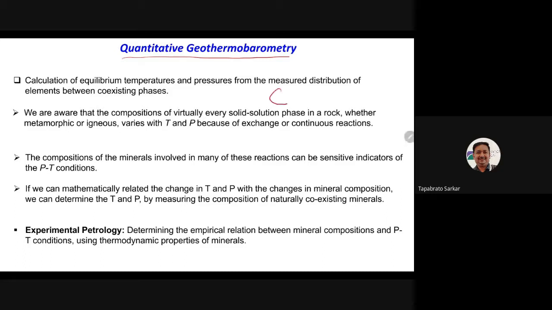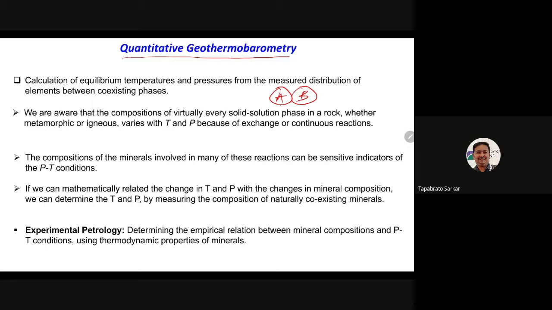Let's say mineral A and mineral B coexist, and we can see from the texture of the rock that A and B formed together, coexisting in equilibrium.